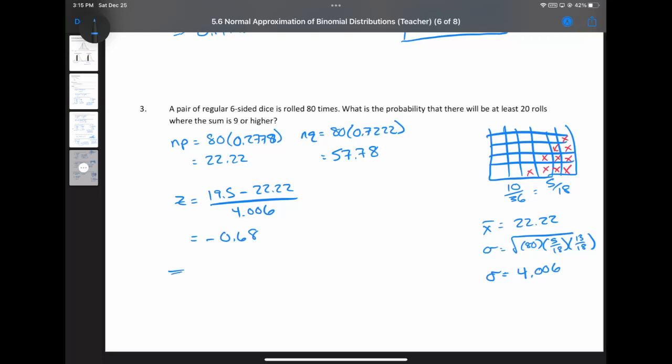Next step then is to look it up on our z-score table. Negative 0.68 is 24.825%. And then again, we're going to remind ourselves that this is the percentage of data under. And we're looking for at least 20 rolls, so we're looking for the percentage of data over.